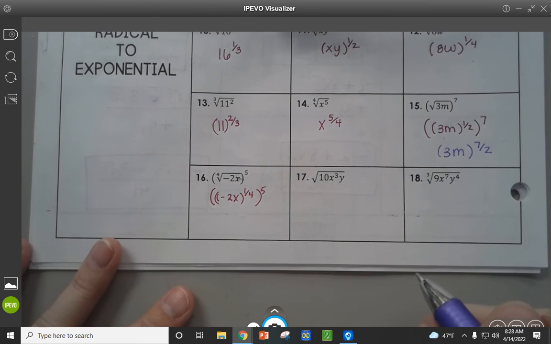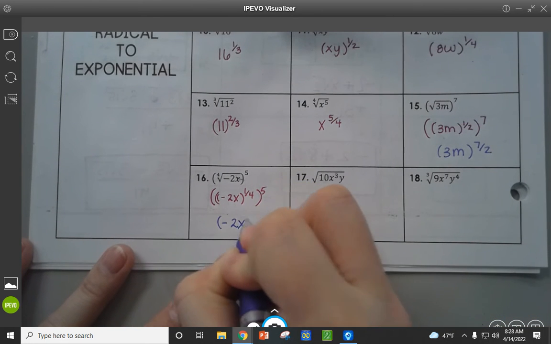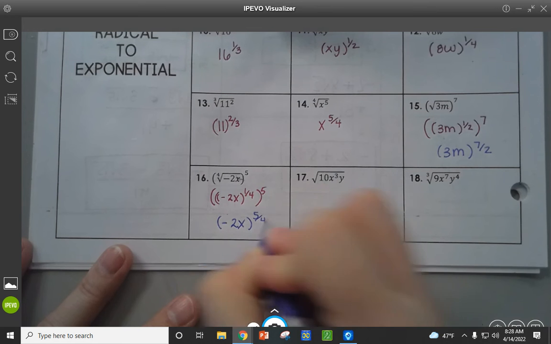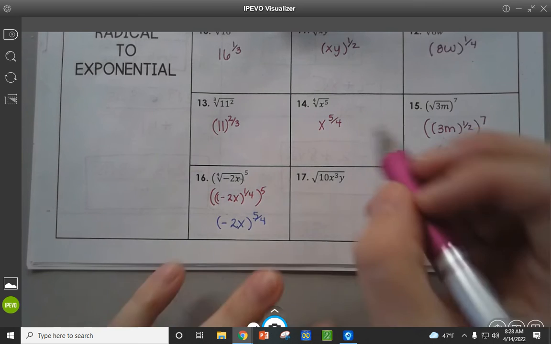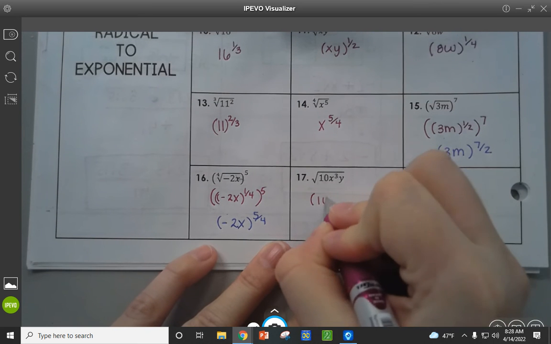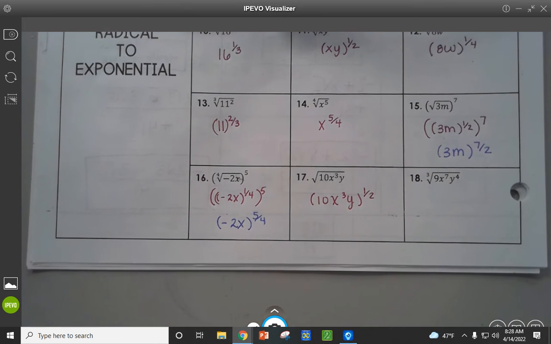What would my outside exponent be? (Negative 2x) to the 5/4. Negative 2x, and then I have 5 over 4 outside. Good. Number 17. I got 10x cubed y to the 1/2 power. That was an easy one.